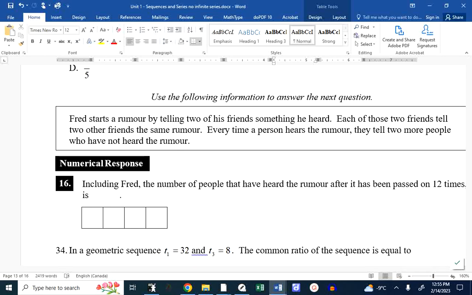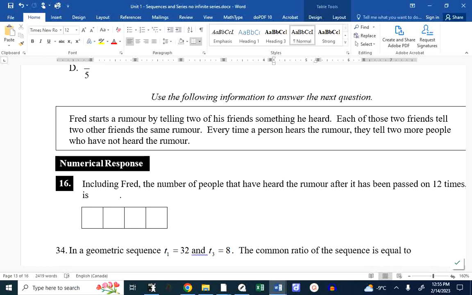Fred was told a rumor. He told 2 friends. Those 2 friends each told 2 friends, etc. Every time a person hears the rumor, they tell 2 more people who have not heard the rumor. And the question, look at this, including Fred. The number of people that have heard the rumor after it has been passed on 12 times. Okay.